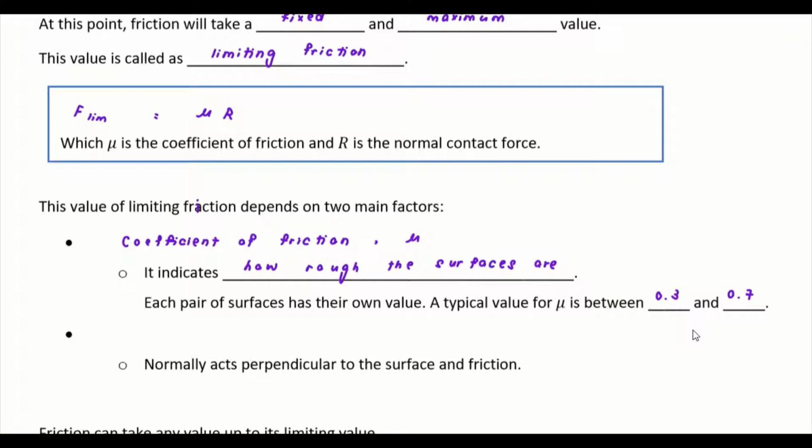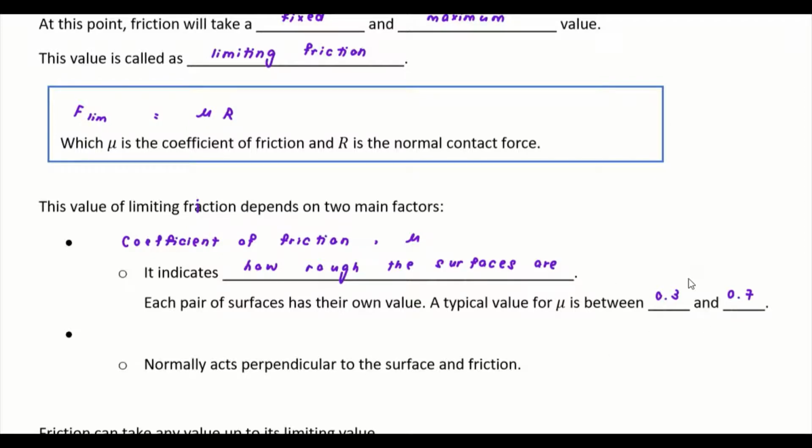If you have a surface like rubber, it is very hard to move along it, compared to a smooth table. So eventually you will create more friction, and for a surface like that you may have a mu larger than 0.7.